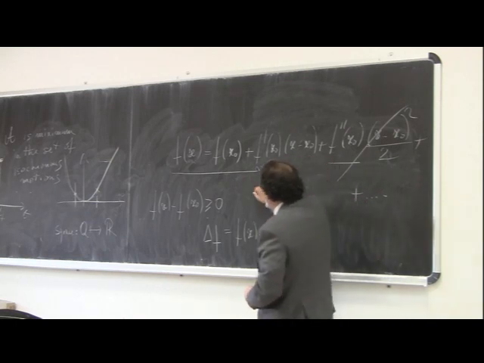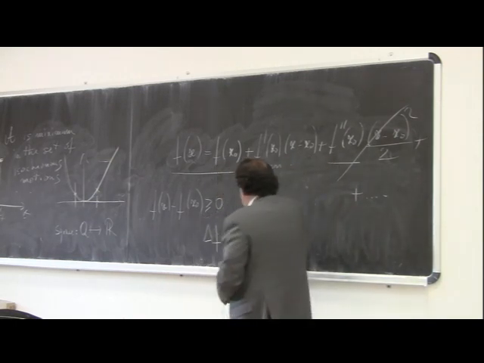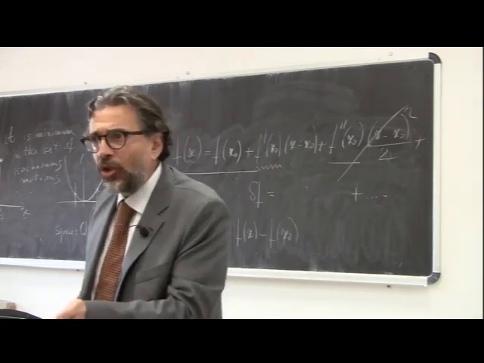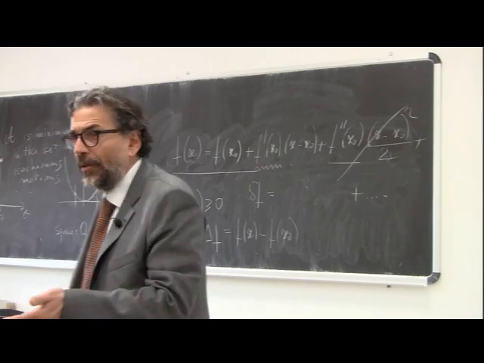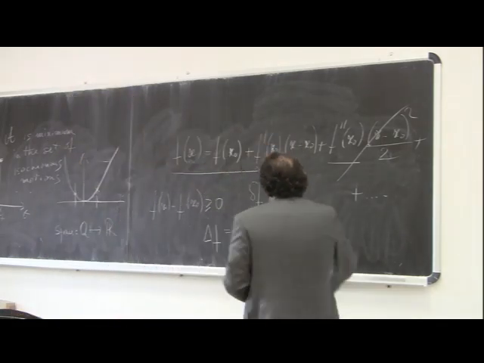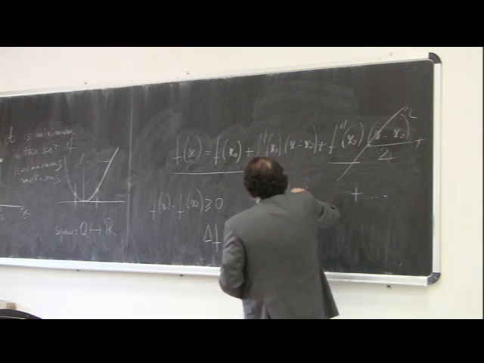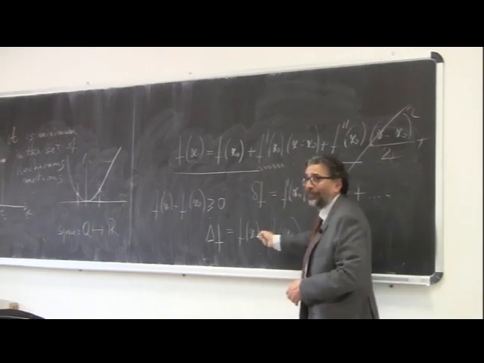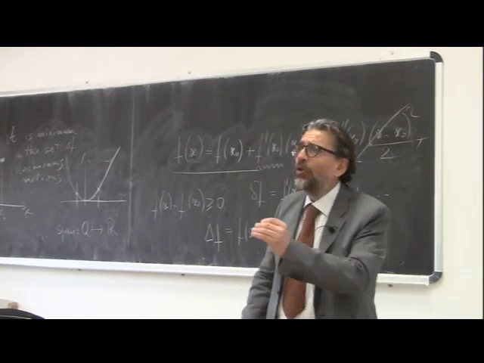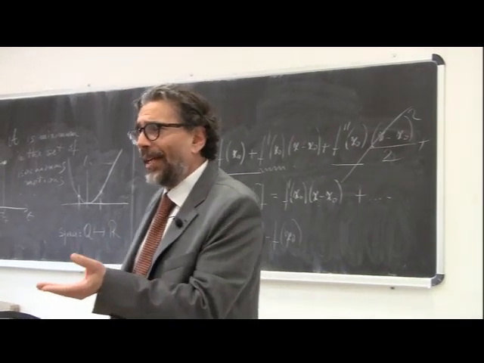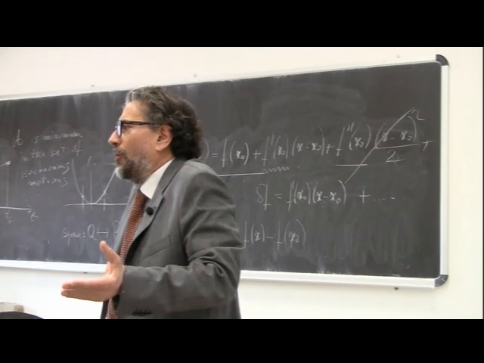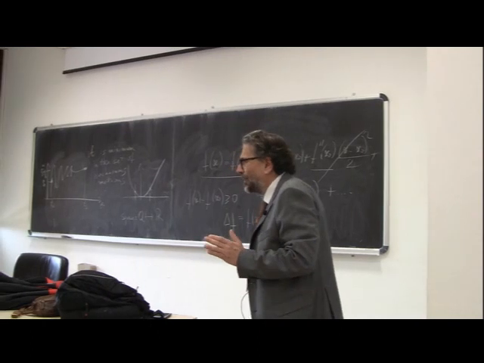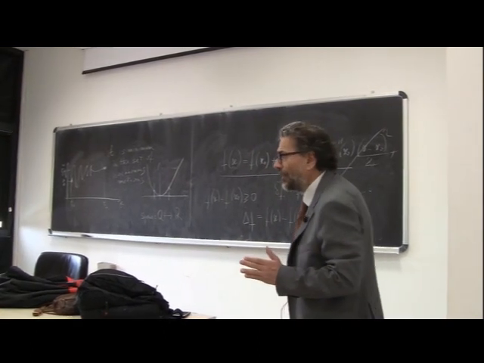The first variation, delta f, is the smallest term in the Taylor expansion of the finite variation, and delta f is f prime of x0 times x minus x0. The two are equivalent for small variations of x close to x0, otherwise they become different. Okay, all this should be familiar for you. Yes?